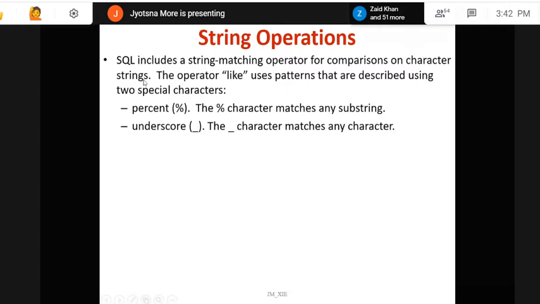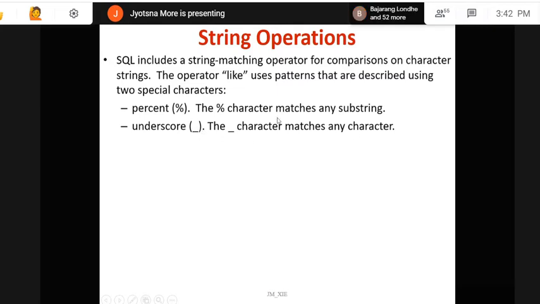See here, SQL includes basic string operation, that is, comparison of different characters in your string. These are the two terms used: percent and underscore. The percent character matches any substring, anything. The underscore character matches any character, only one character at a time.